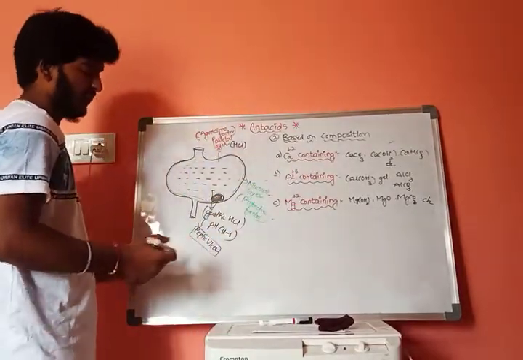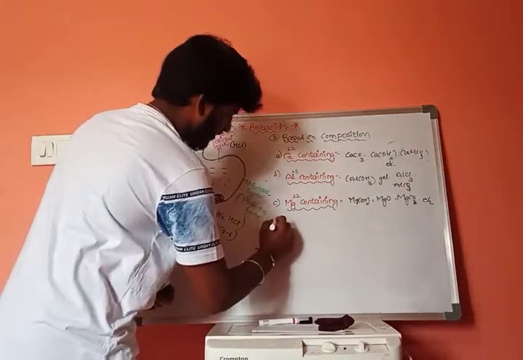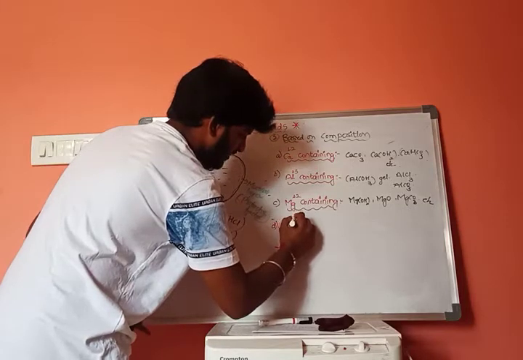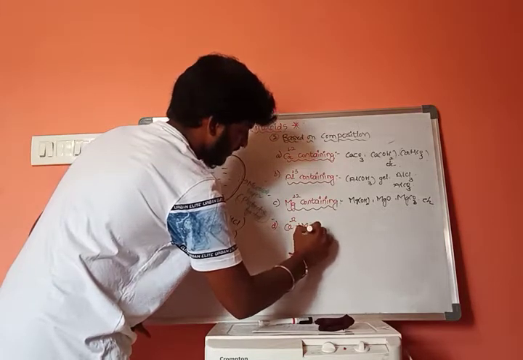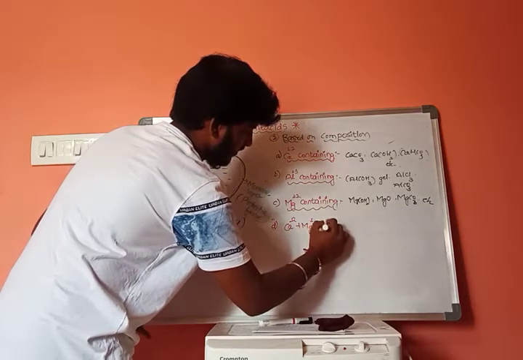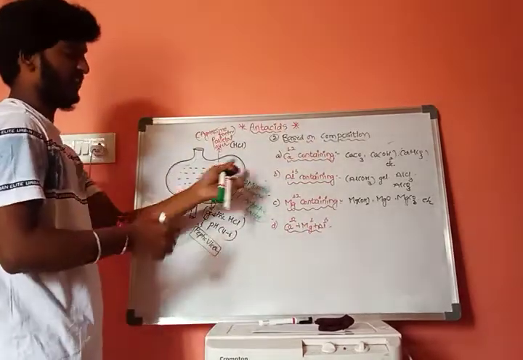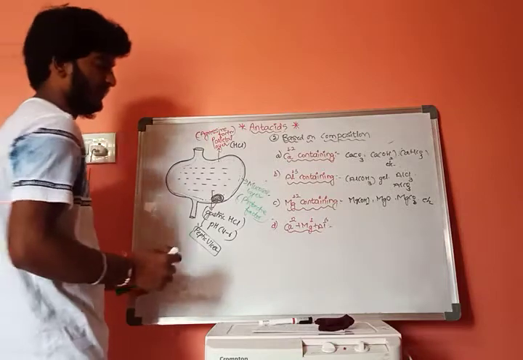And the fourth category is a combination of these three, that is calcium plus magnesium plus aluminium. It is a combination of these three ions.